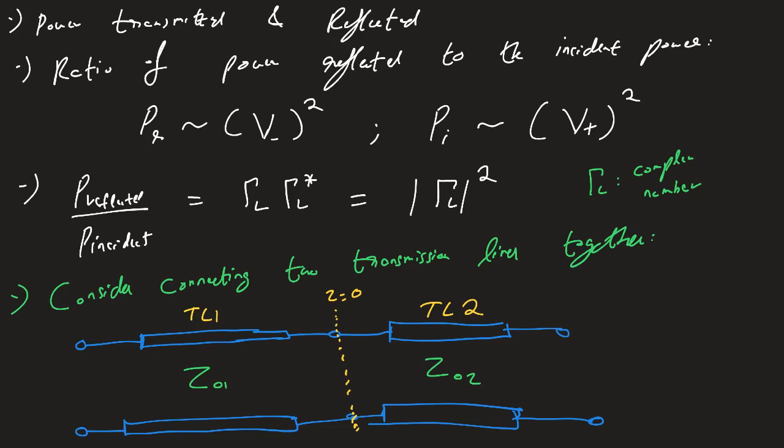So the incoming signal V plus of z will get reflected at this interface, because this is the interface between the two transmission lines, and depending on the impedances of both transmission lines you will get a reflection. And so gamma L becomes equal to Z02 minus Z01 over Z02 plus Z01, right?